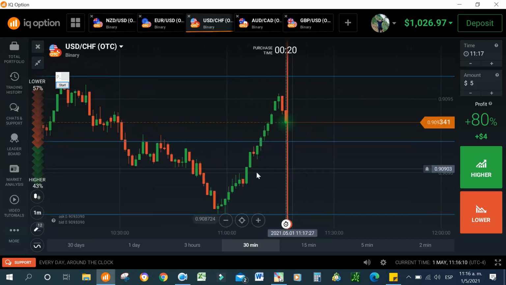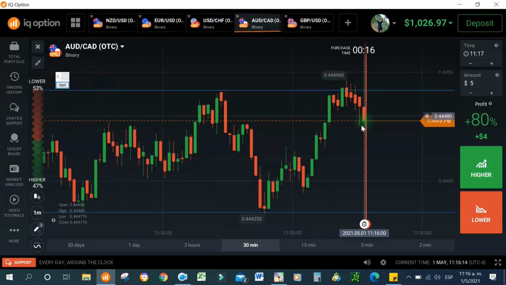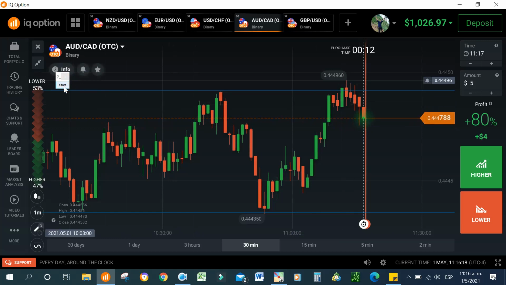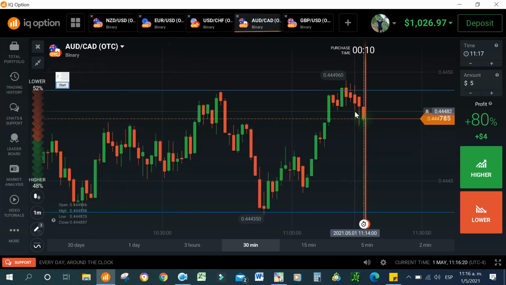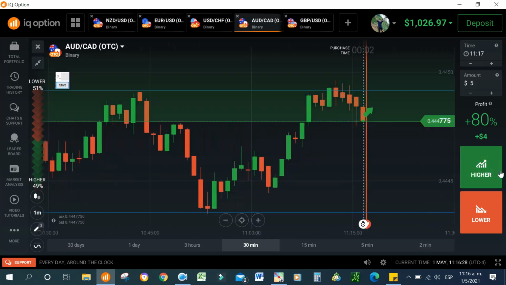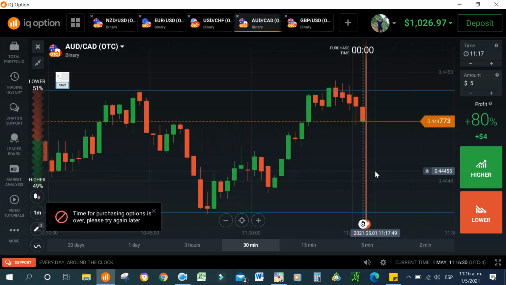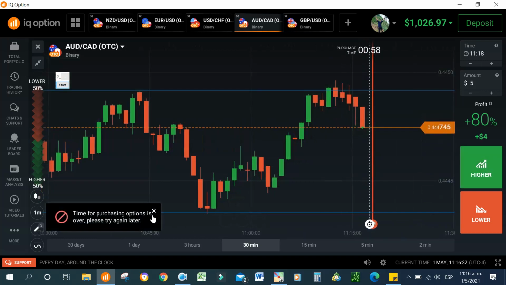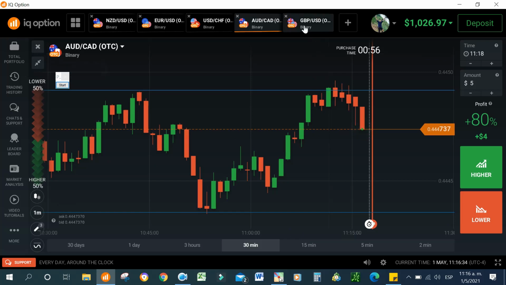It's making the pullback, so let's wait. Look, this was a very good candlestick, but it got rejected just right here. Wow. It's okay. It's okay.